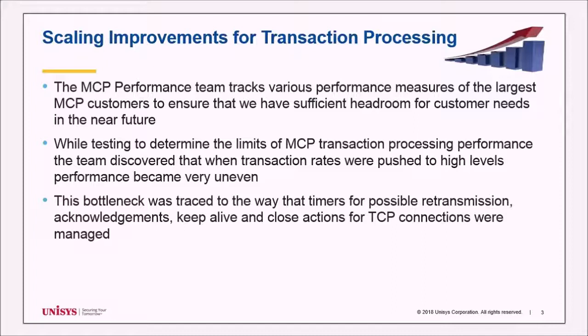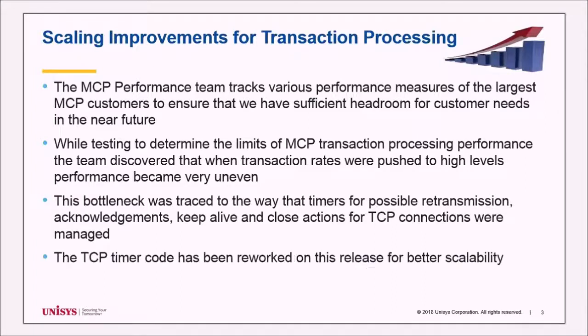The implementation was about 20 years old, and we found that there were scalability issues when pushed to the maximum level of performance. We've spent quite some time reworking that code and testing it extensively with various application architectures.